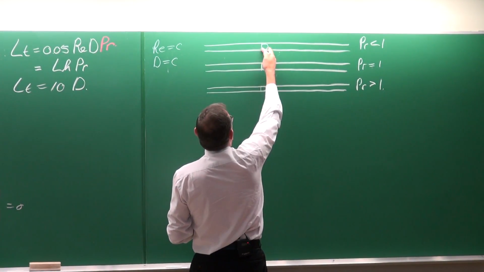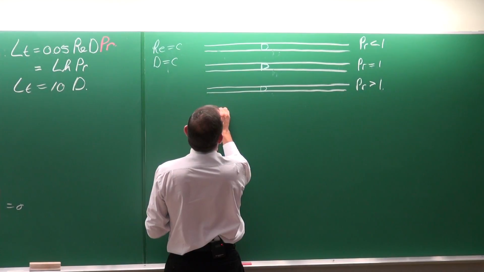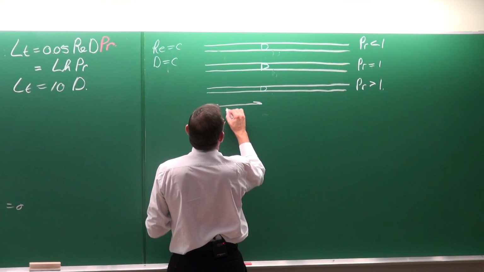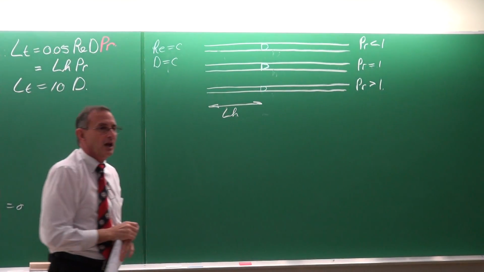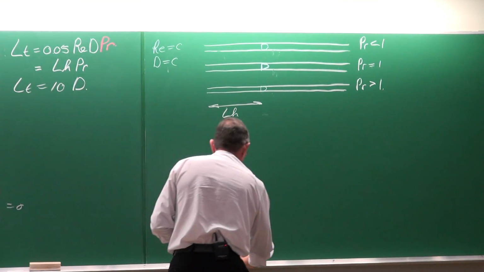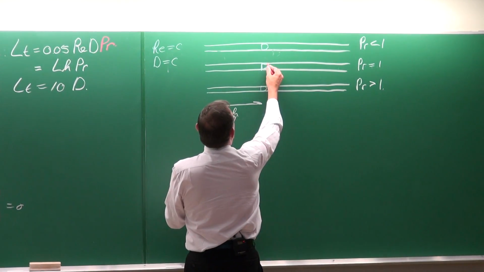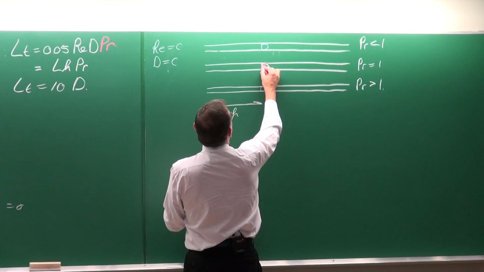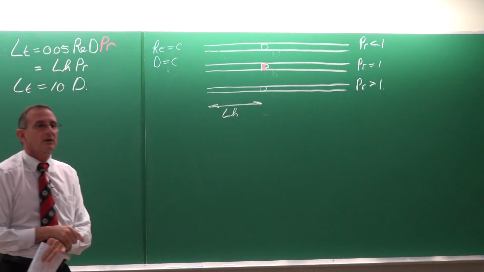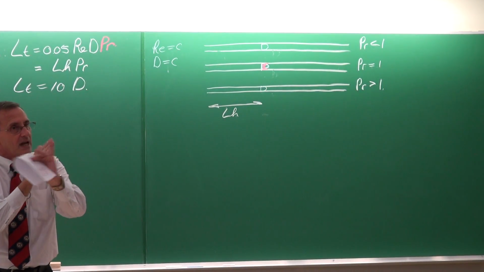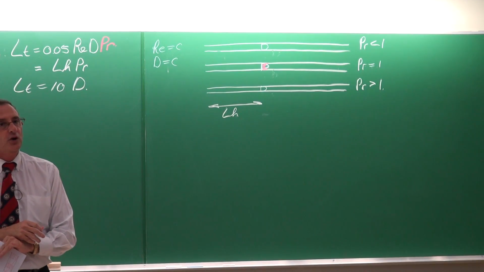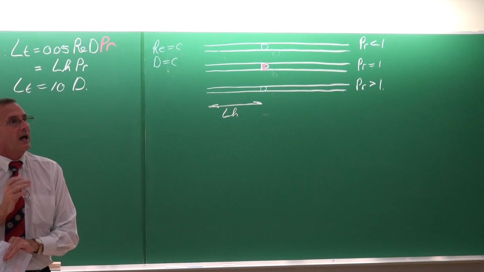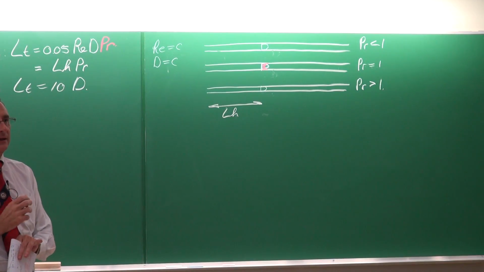then it's going to take a certain distance LH before the flow is hydrodynamically fully developed. If the Prandtl number is equal to 1, then it means it's the same distance for both of them. They're going to be at the same point. It would be fully developed thermally as well as hydrodynamically.